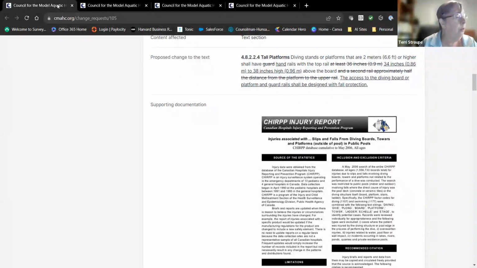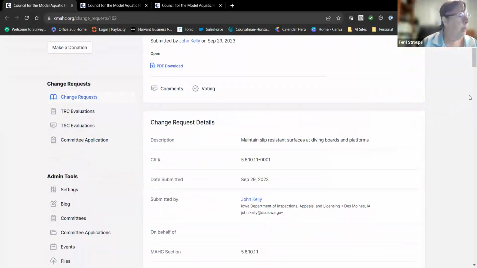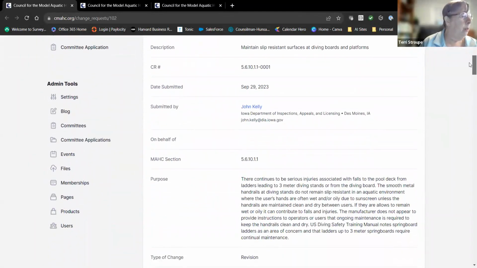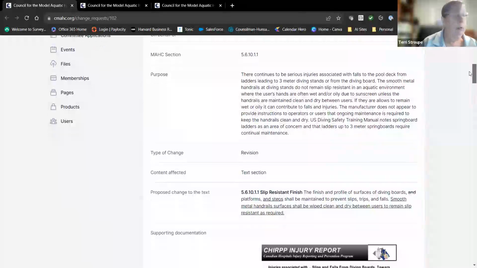Well, this next one is about diving platforms and maintaining slip resistant surfaces on the platforms. There were some comments from the operations and maintenance TSC. They recommended that this is not technically achievable.